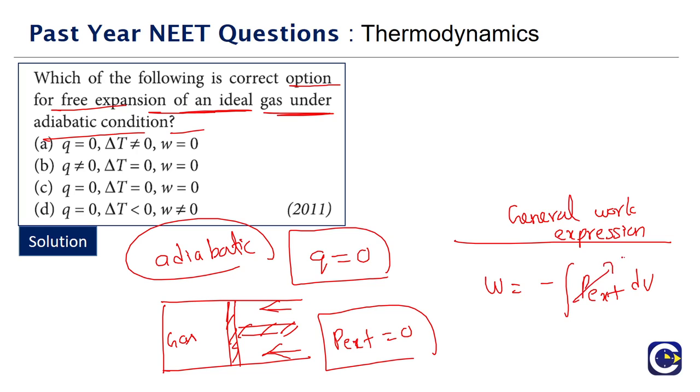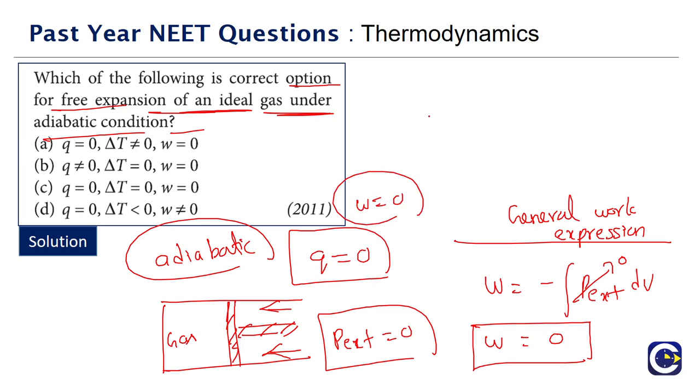Since P external is 0, the total integration is 0, so in free expansion or expansion in vacuum the work value is 0. Q is already 0 because it is adiabatic, and W is also 0 because this is free expansion. Now the first law: what is it? Delta U is equal to Q plus W.